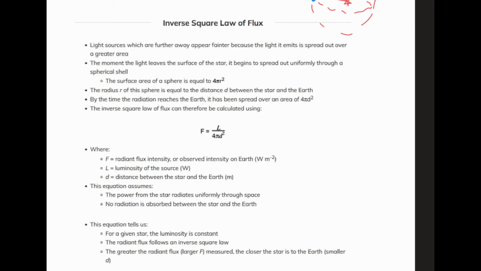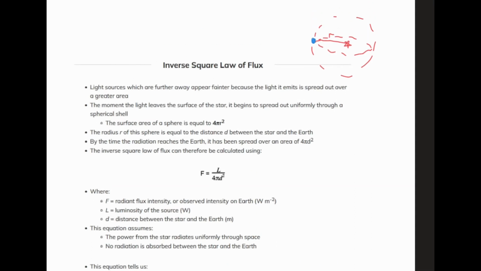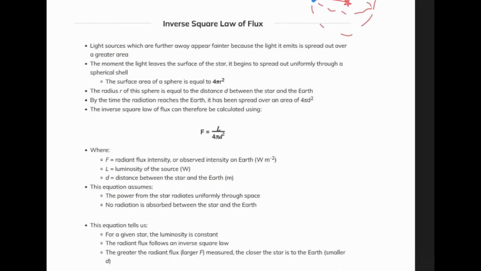The next one is, no radiation is absorbed between the star and the Earth. So that means we assume there are no other planets that absorb the light. We assume there is nothing that absorbs the light. So these are the two assumptions.